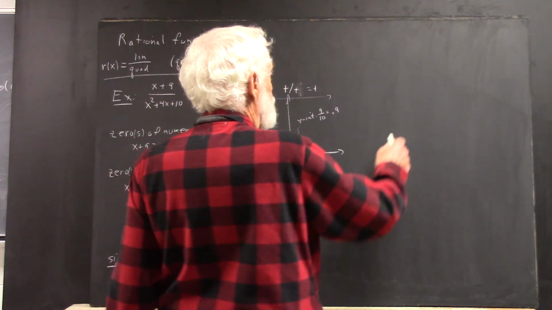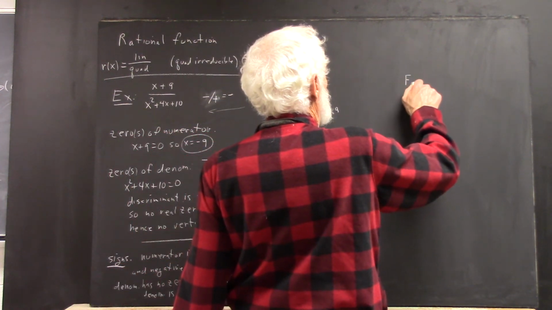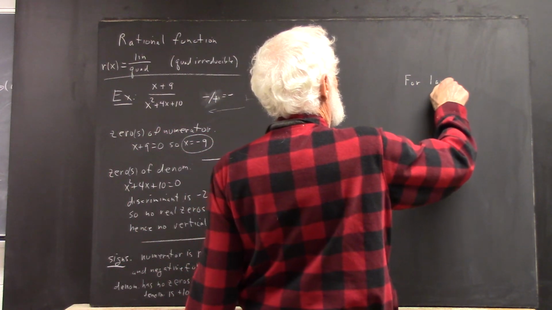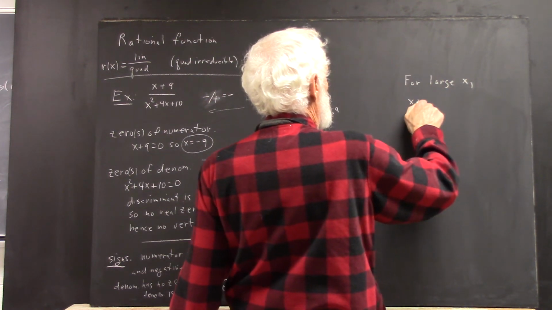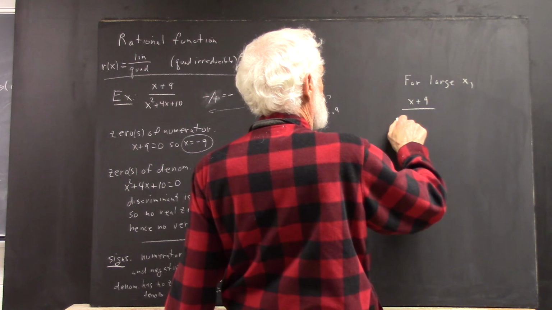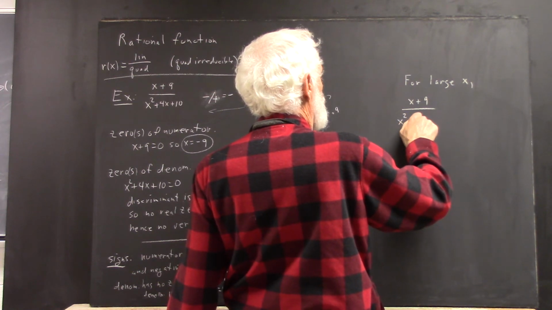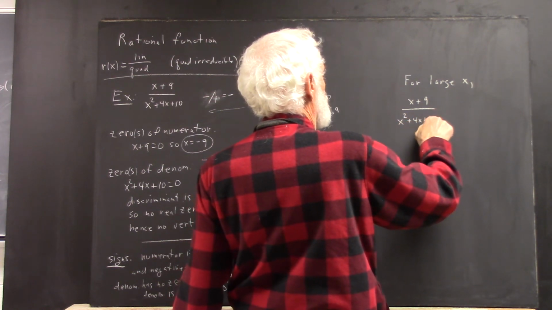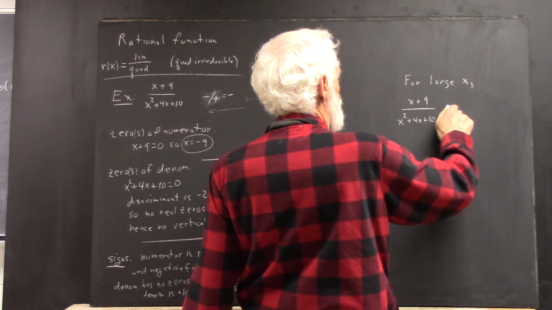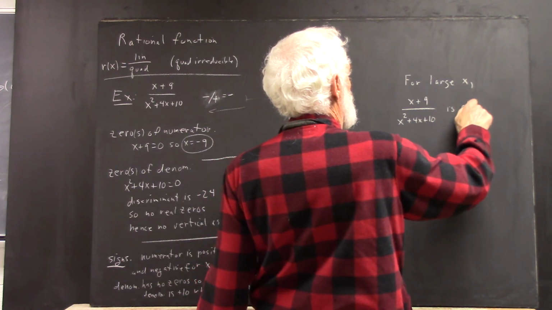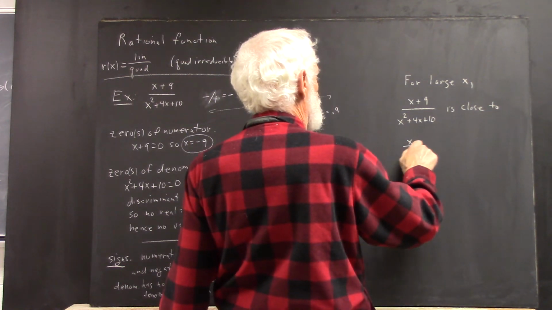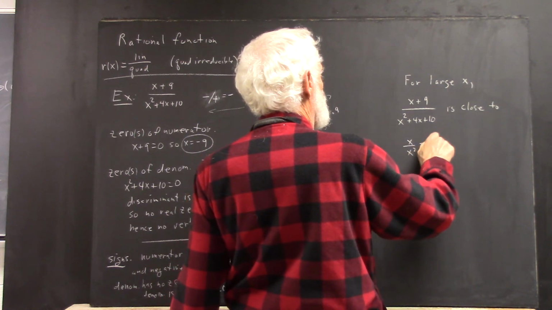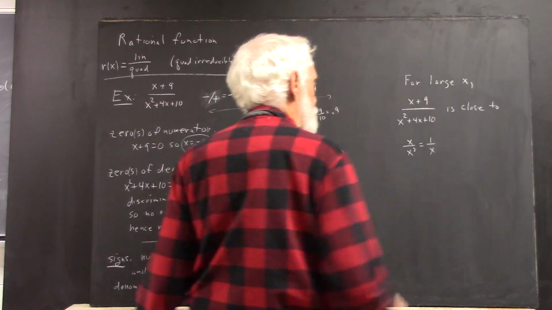So for large x, x plus 9 over x squared plus 4x plus 10 is close to x over x squared, which is 1 over x.